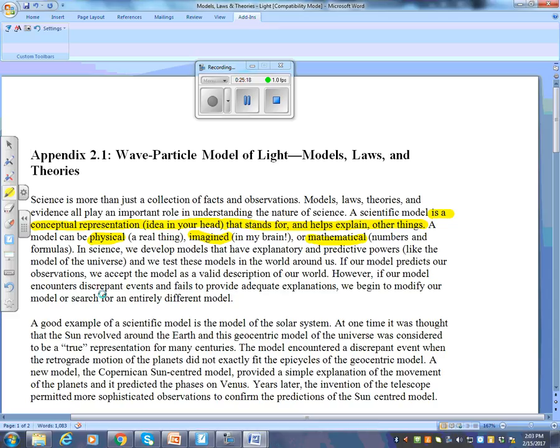Classic example of this. Okay? Many, many years ago, they believed that what was at the center of the universe? The Earth, right? And if you look at the sky at night, you will see the planets revolving around the Earth. It appears like that. The planets are the ones that are extra bright, and they tend to wander through the stars because they don't stick with the same stars.